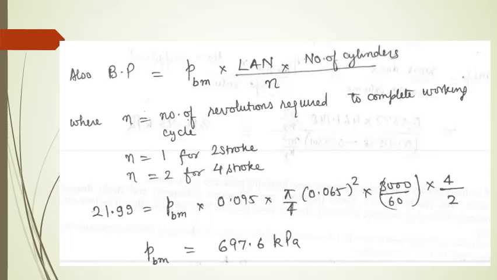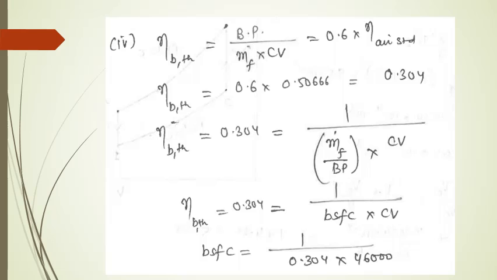A is the cross-sectional area of the cylinder. Capital N is the speed of the engine, which has to be expressed here in revolutions per second. Now we substitute the given values in the formula. So the value of brake mean effective pressure comes out to be 697.6 kilopascal.